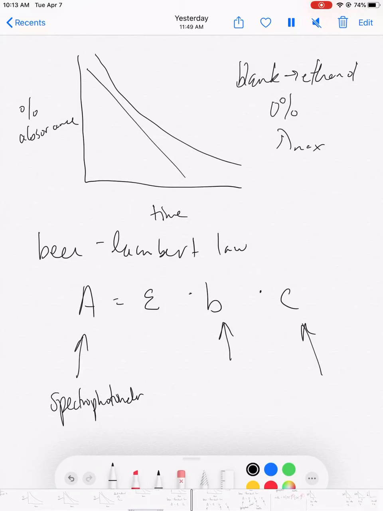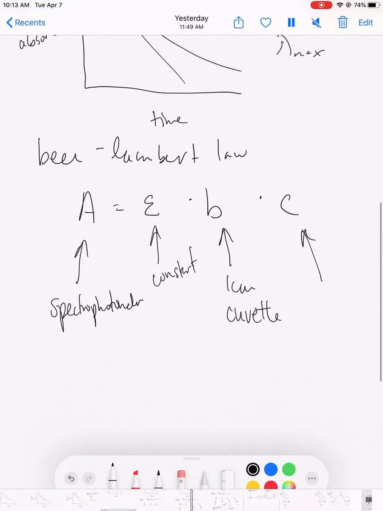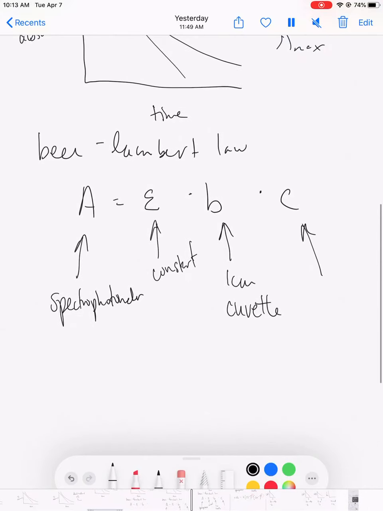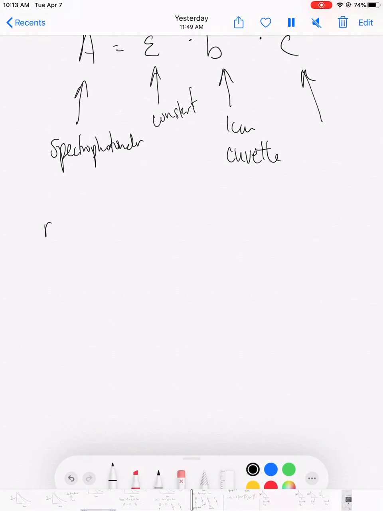Epsilon is the molar absorptivity, which is not something we really need to worry about with this. And b is the path length, the length of the cuvette, which is 1 centimeter. The concentration of the crystal violet is what we're trying to determine, and could be determined using this Beer-Lambert law.